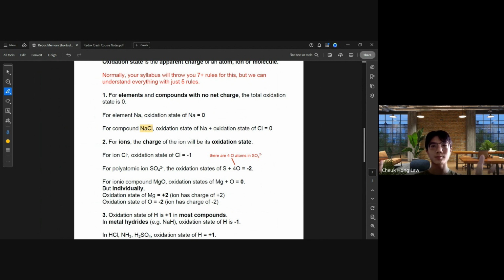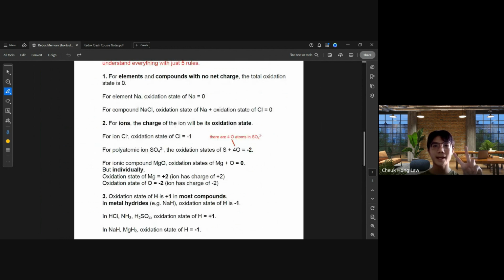So +1, -1 cancel each other out. Therefore, the whole compound will be neutral. Since it doesn't have a net charge, the oxidation state of sodium plus the oxidation state of chlorine gives you 0. The total oxidation state of all the elements equals 0 for compounds with no net charge.